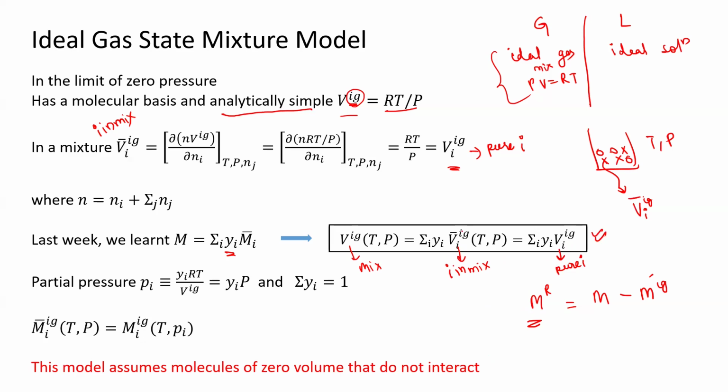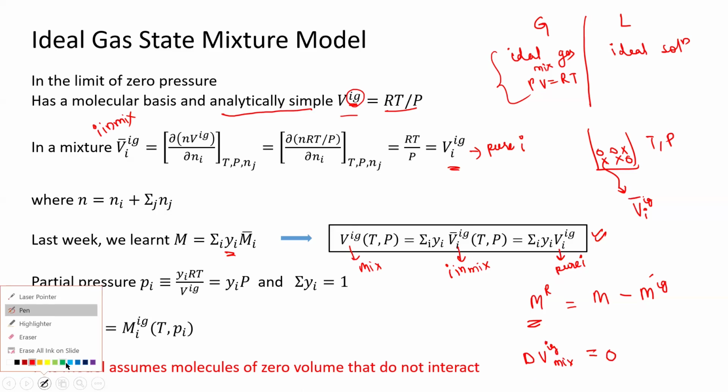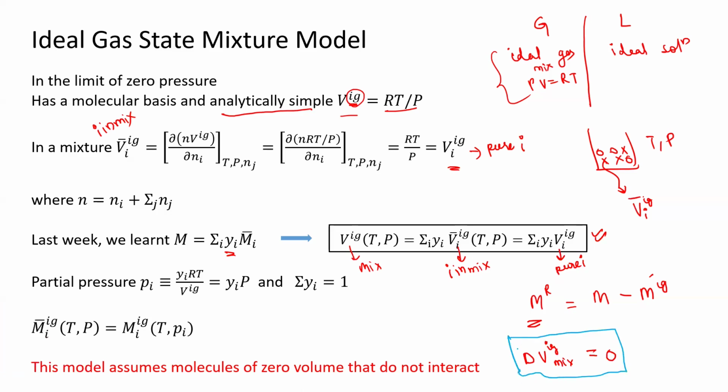Right? So here we can define delta V of mixing in the ideal gas model equals 0.